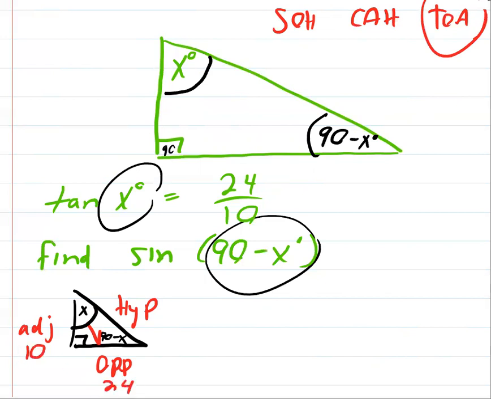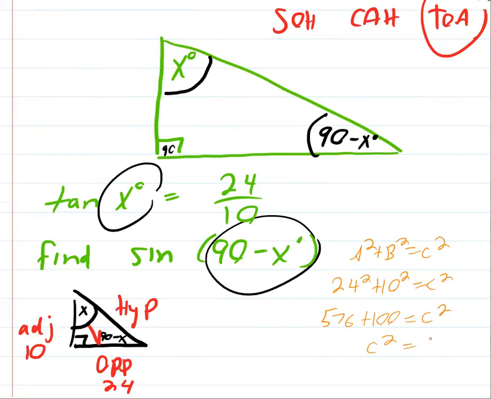So the tan is the opposite over adjacent, and that's 24 over 10. So we've got 10, 24, and now is as good of a time as any to do the Pythagorean theorem to figure out what's the length of the third side of the triangle. So 24 squared plus 10 squared equals c squared. 24 squared is 576, plus 100 equals c squared.